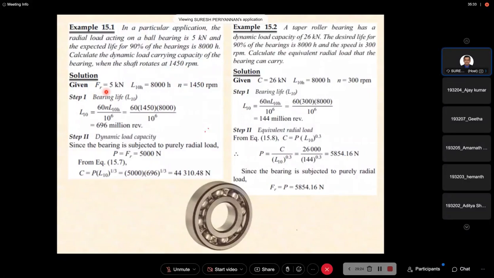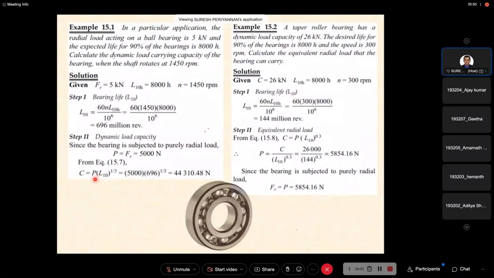See here, the radial load is given, the bearing working hours L10h is given, and the bearing speed is given. Now we would like to find the dynamic load carrying capacity C. What is the C value?